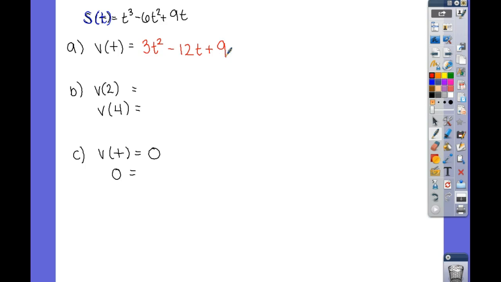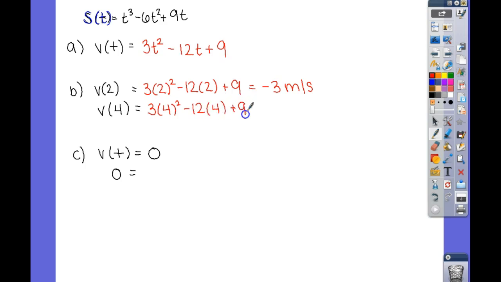Velocity at 2 says everywhere you have that t, so you get 2 squared minus 12 times 2 plus 9. So we get negative 3 meters per second. V of 4: positive 9 meters per second.